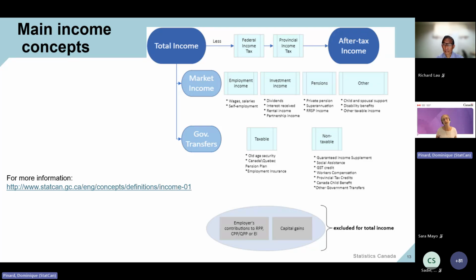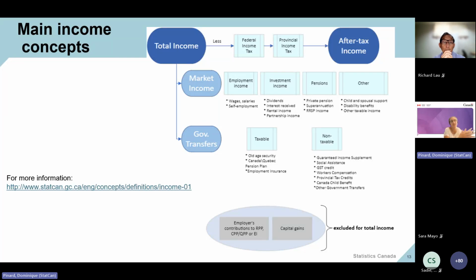But now I'm digging into income concepts, which is the bread and butter of the TIF, even though geography and unit of analysis are really relevant. The main characteristics available on the TIF, just a refresher, are family type, family size, which I didn't talk about much, and geography. Gender and age are also available.